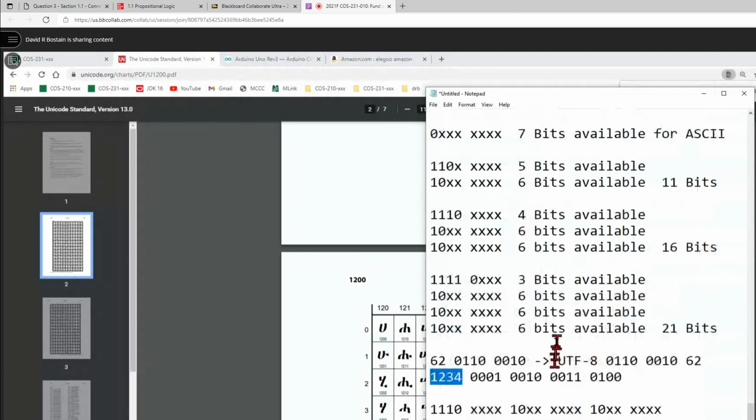If you have 7 bits or less, you're going to fit into 1 byte. If you have 11 bits or less, you could put 7 bits in here, but you wouldn't. It fits into 2 bytes. If you have 16 bits or less, it'll fit into 3 bytes, and all the rest of the characters will fit into 4 bytes.